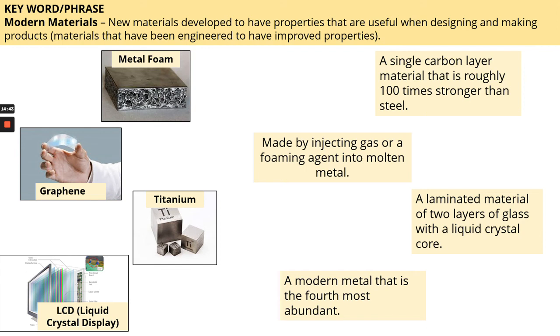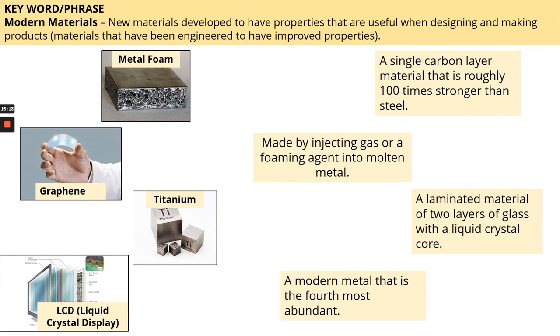So on the left hand side are 4 modern materials: metal foam, graphene, titanium, and LCD liquid crystal displays. On the right we have definitions or descriptions of what they are. So we've got a single carbon layer that is roughly 100 times stronger than steel. Something that is made by injecting gas or a foaming agent into molten metal.